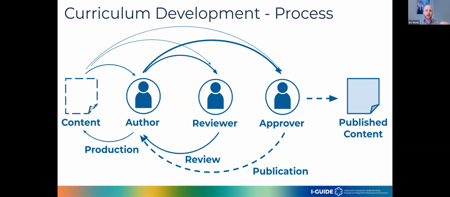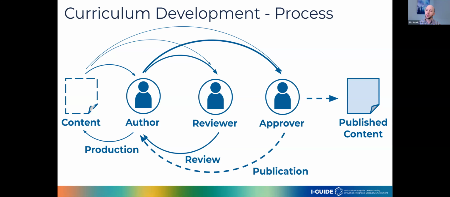And you might do a cycle of that with the author. Then ultimately it goes to some approver where they decide, okay, this has met some level of a quality bar. It achieves learning objectives, what have you. And then that content gets published.